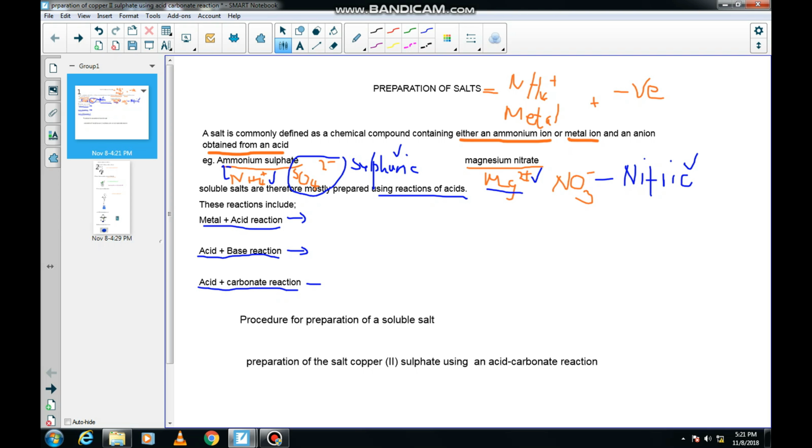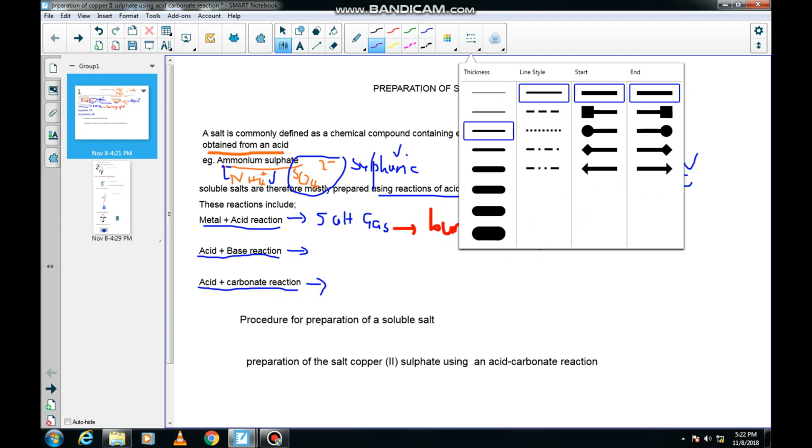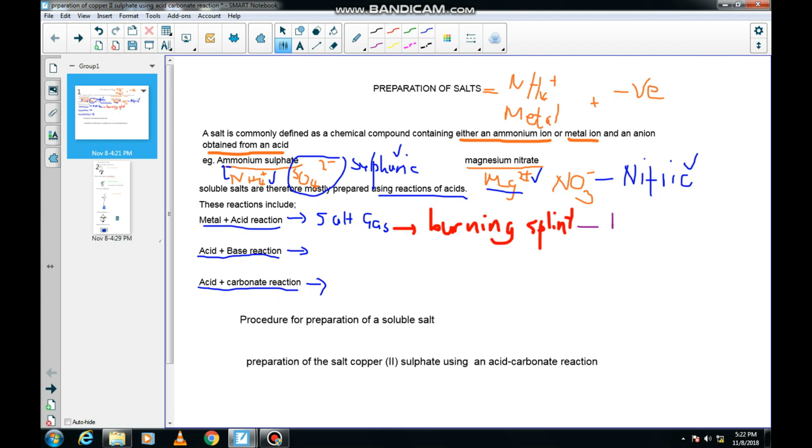You have learned that metal plus acid reactions produce a salt and a gas. And when this gas is tested by using a burning splint, you learned that there will be a pop sound produced.